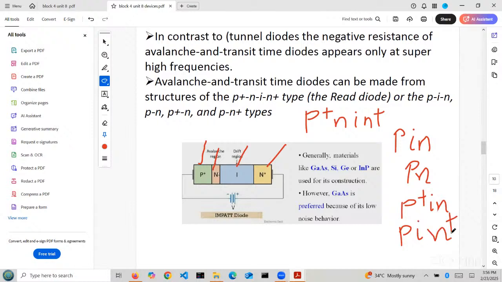Like this, we have different types of diodes.